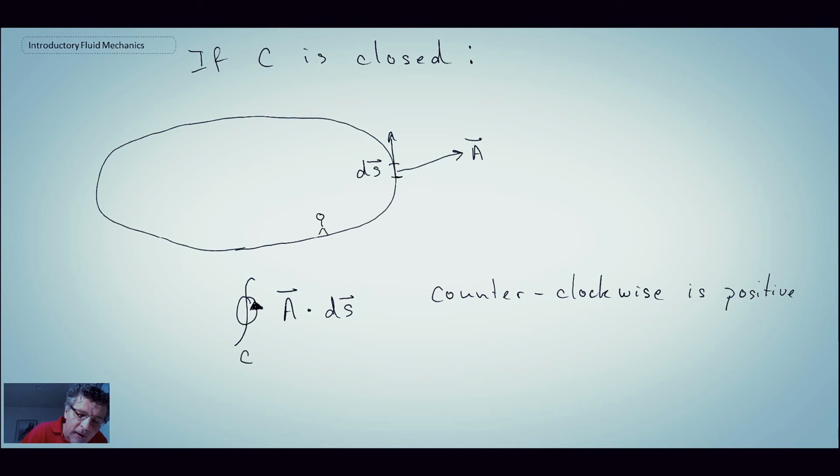So here you are, you're walking along. Imagine that the area that you're integrating around is always to your left. And so that's an easy way to remember, or just remember counterclockwise is positive.